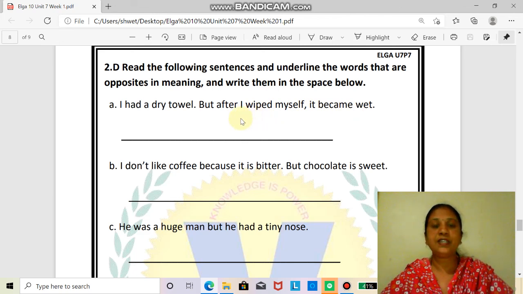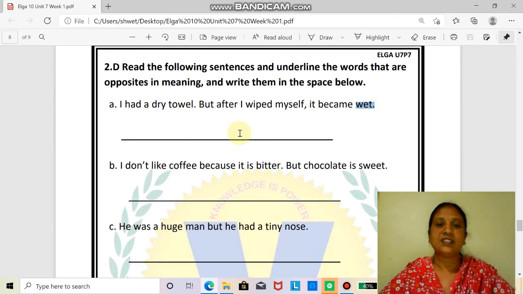Can you identify them? Yes, that is dry and wet. Dry is the opposite of wet. So I'm going to underline dry and wet, and I will write them in the space. So students, in the same way, you have to complete the remaining questions.